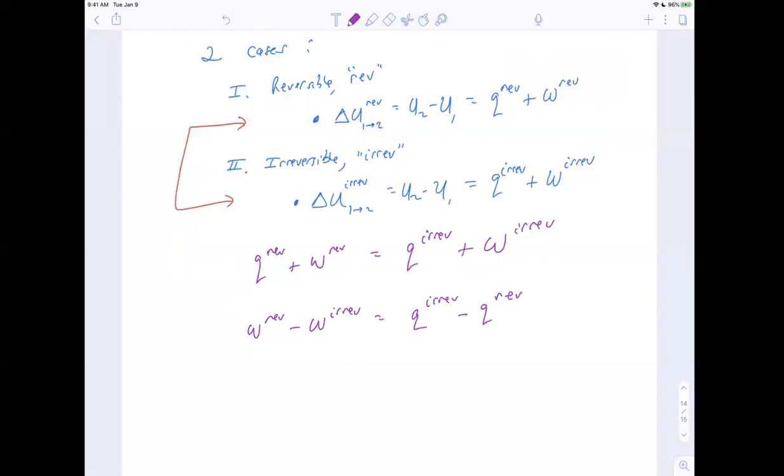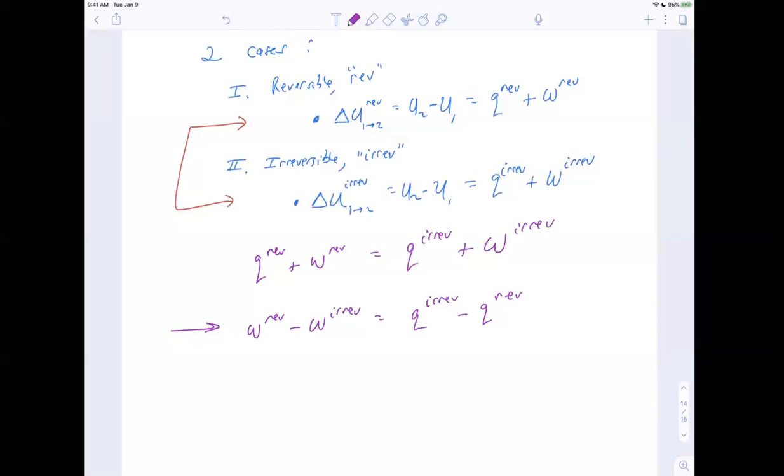Now we're going to analyze this expression, keeping in mind our sign convention. Our sign convention for W was that when the system does work, W is negative. And when we do work on a system, W is positive. And we saw that if we do work on a system, which is positive, if we do that work reversibly, it's much less than if we have to do that work irreversibly.